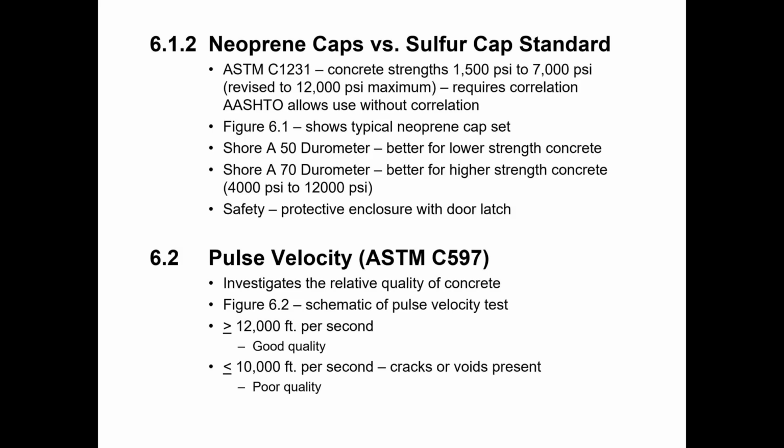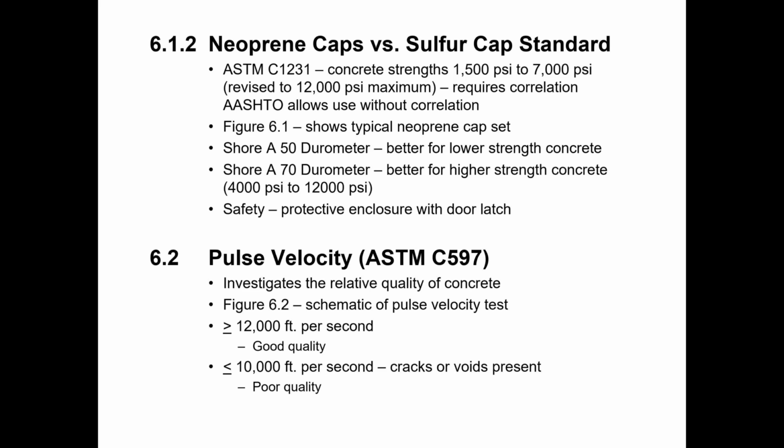Definitely, if the concrete is less than 4,000 psi, we should use a 50 durometer pad. The hardness of the 70 durometer at a low strength below 4,000 psi can cause a premature failure of the concrete. So definitely below 4,000, we need to use a 50 durometer, but the 50 durometer can be used up to around 7,000 psi.